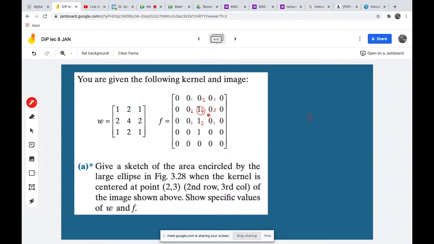Then this is my kernel which is mounted at this origin, and is then shifted to the next one. If you shift to the next one, you remember it goes out.